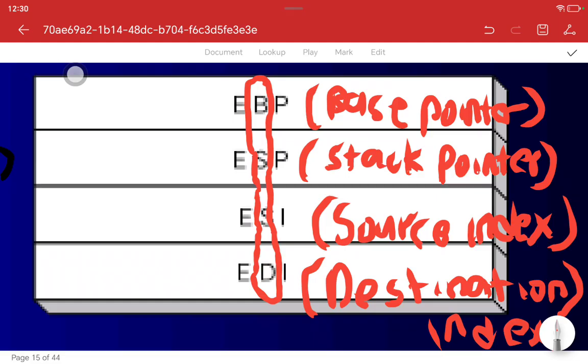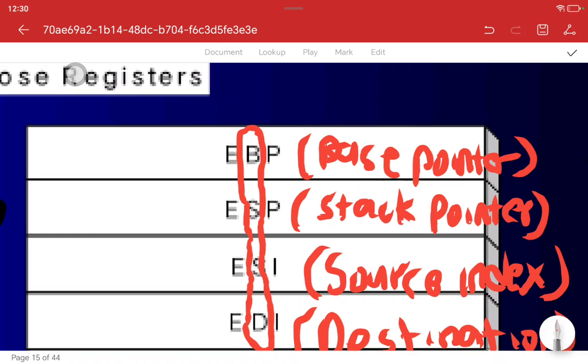When you focus on the stack pointer, it is not going to be that different from the EBP. Remember, the EBP points at the base of the stack frame, right? But the stack pointer is not going to point at the base. This one is going to point at the top of the stack.